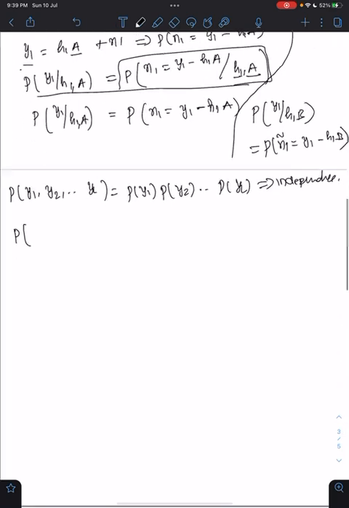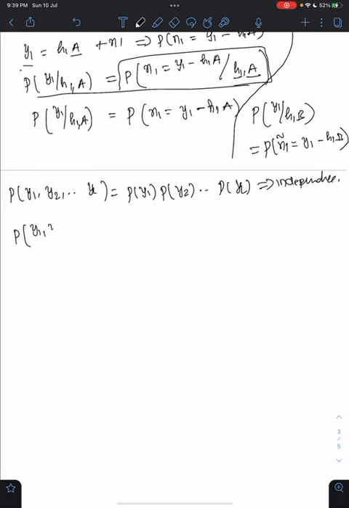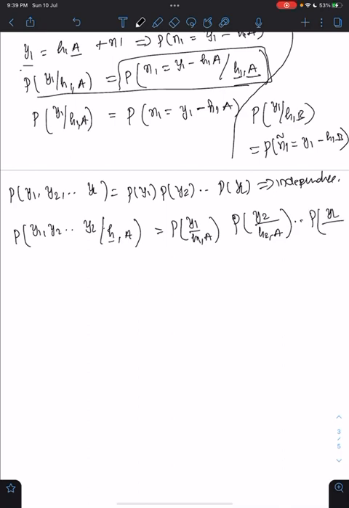All right, so the probability of y1, y2, yL given h bar and a equals the probability of y1 given h1a times the probability of y2 given h2a times the probability of yL given hLa.